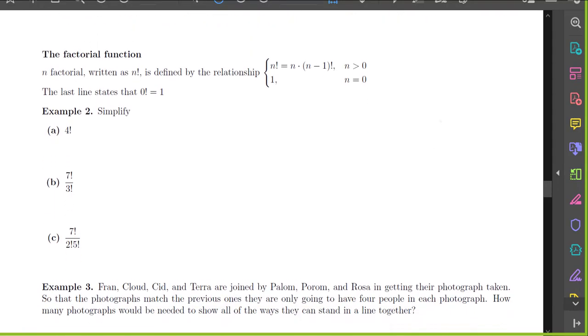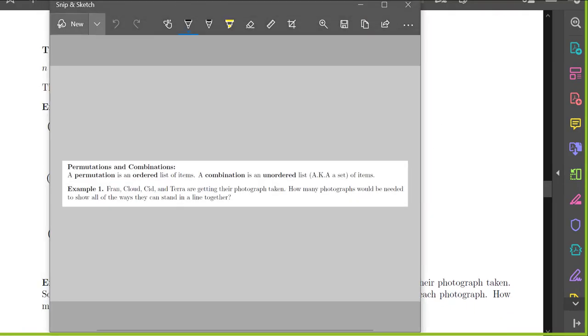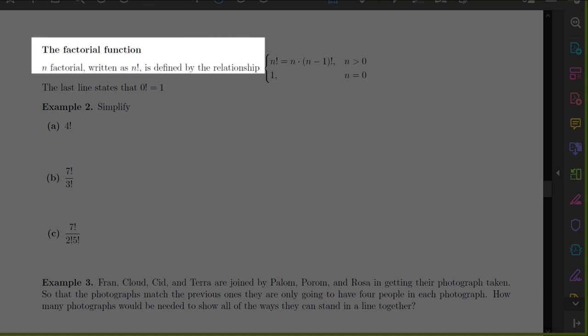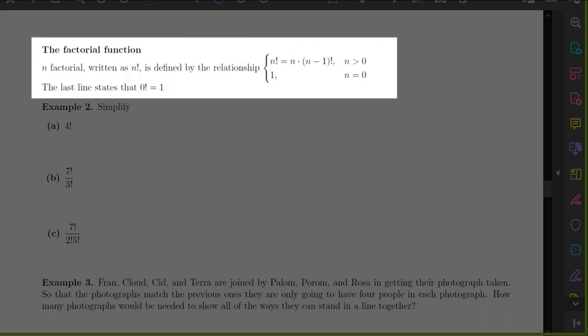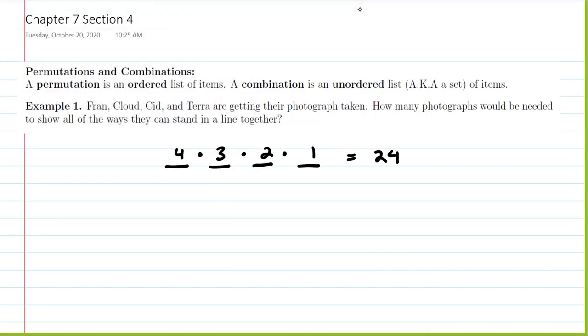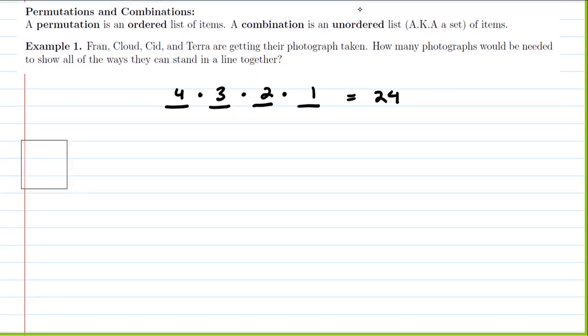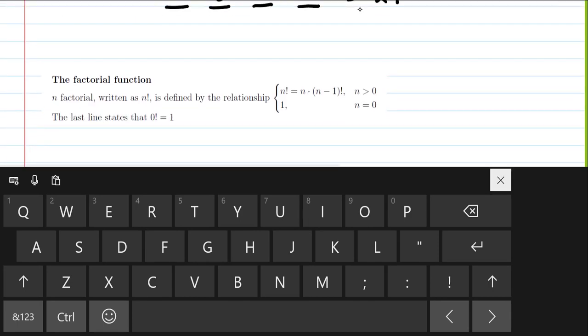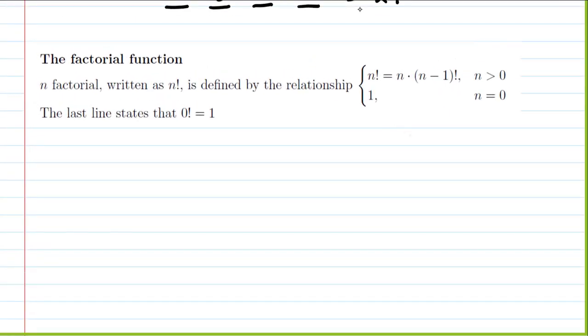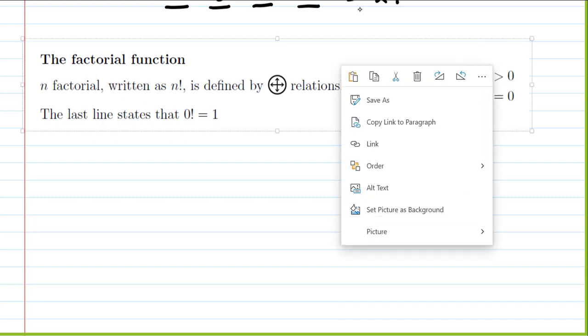All right, so this type of counting, as we saw last time when we were doing passwords and a whole bunch of things, leads to us having to multiply all of the positive whole numbers together all the way down to 1. It happens so often that we're actually going to define it as a function.